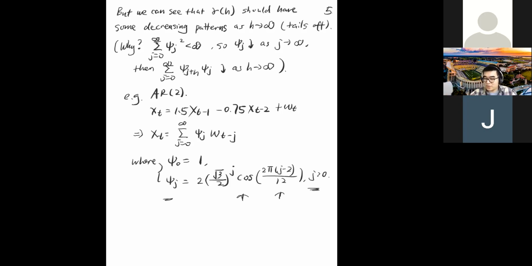So psi_j is not equal to 0, but it would converge to 0 in a cosine way, and the period is 12. Unfortunately, this psi_j does not provide us any information about the order 2, so we cannot get AR(2) by looking at the ACF plot.